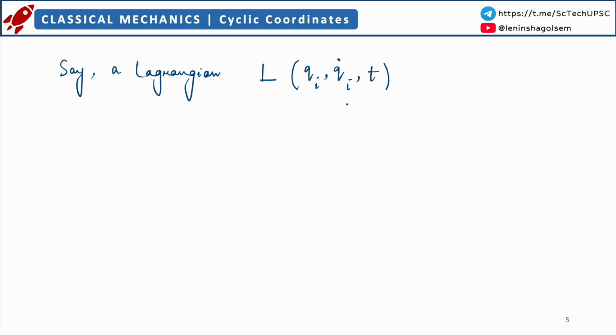This is the usual expression, and let's say i goes from 1, 2, 3 and so on, say up to n, the number of generalized coordinates available for some particular system. We don't know, this is a general discussion. In the example it will be clear. Now let's say this particular coordinate qk is absent in the expression of the Lagrangian.